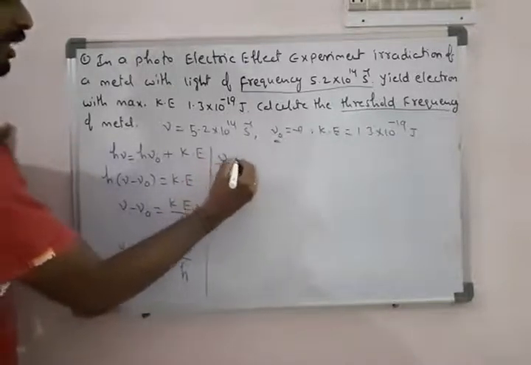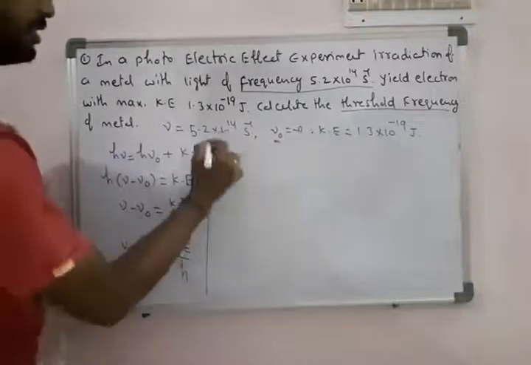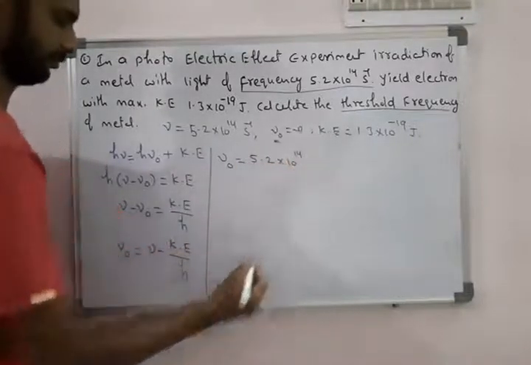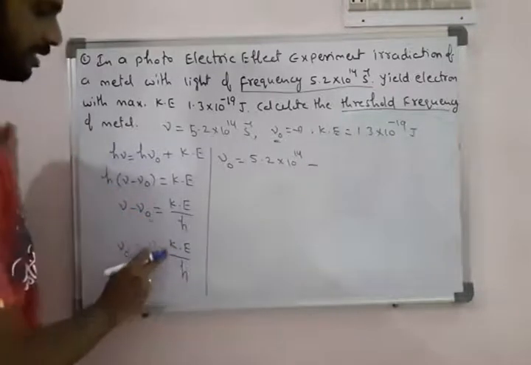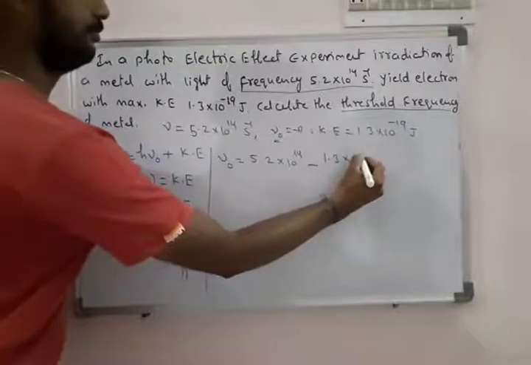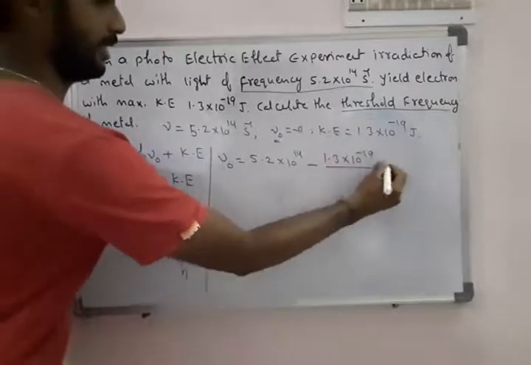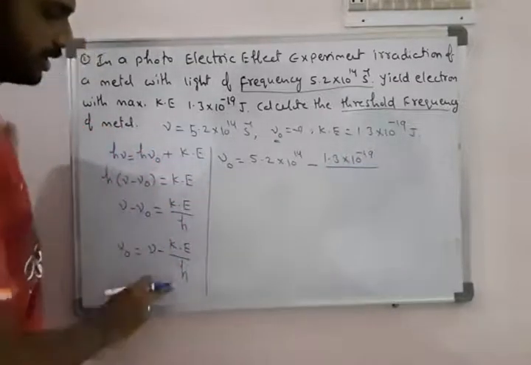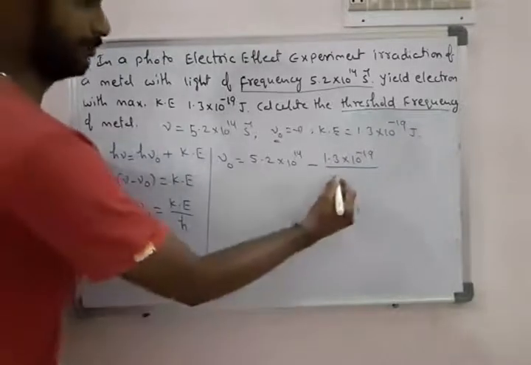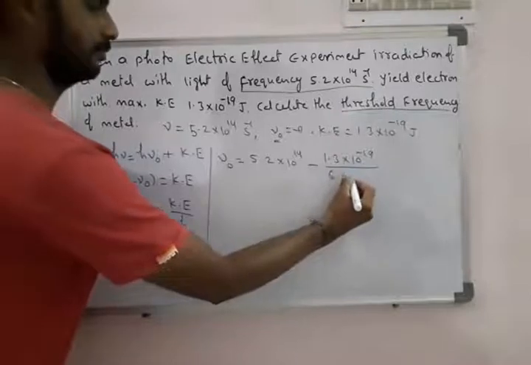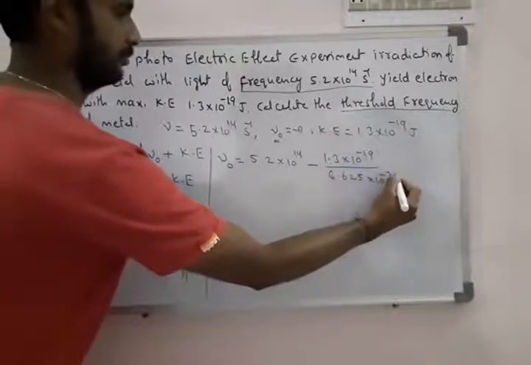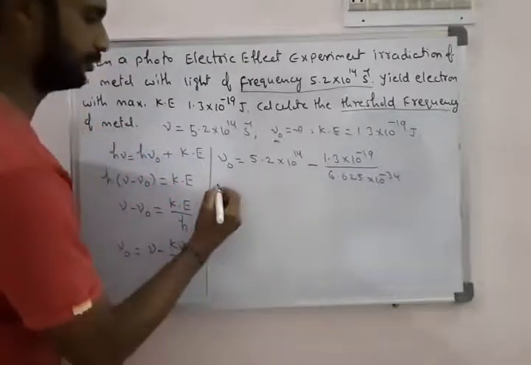Now substitute the values. What is the nu given? Minus the kinetic energy is also given. It is given in terms of joules, so we need to take the h also in terms of joules into second, 6.625 × 10^-34.